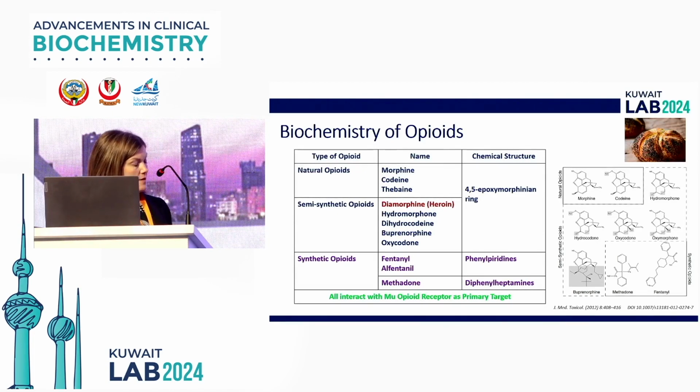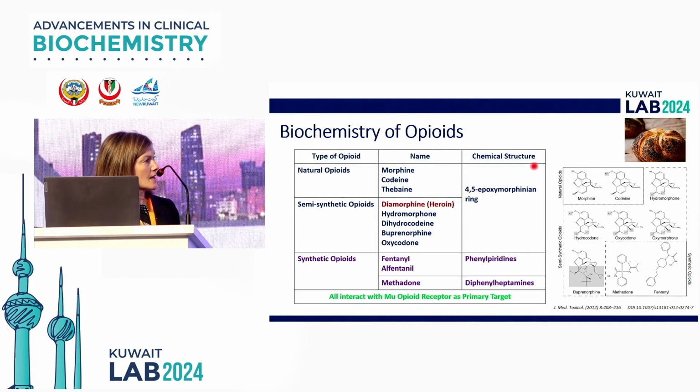So the natural opioids contain morphine, codeine, thebaine, and the semi-synthetic opioids include the illegal form, diamorphine, known as heroin, hydromorphone, dihydrocodeine, buprenorphine, oxycodone. They all have a common morphine ring structure, which is termed the 4,5-epoxymorphinan ring.